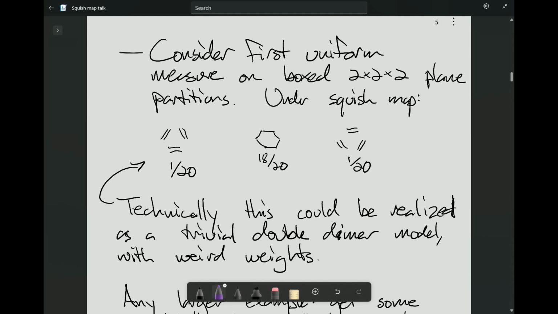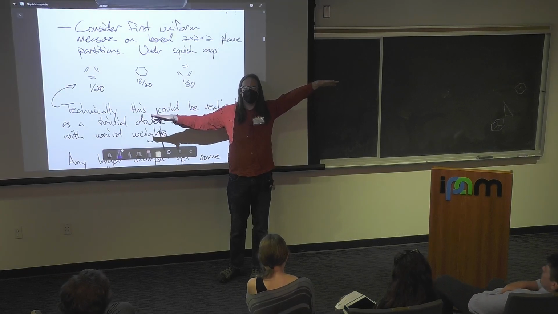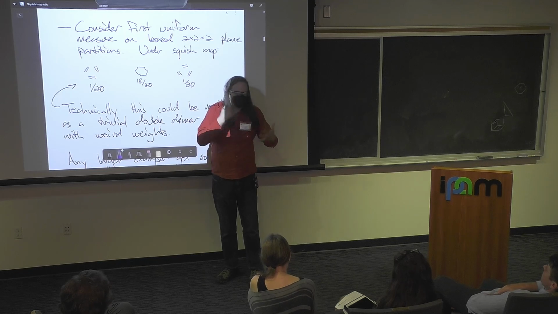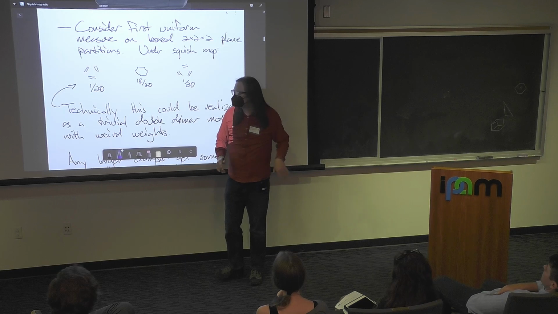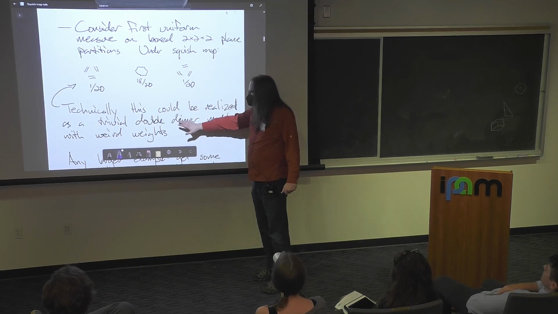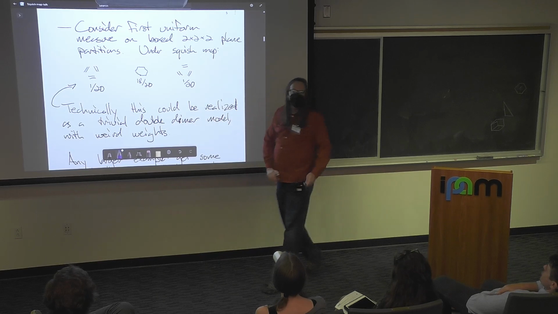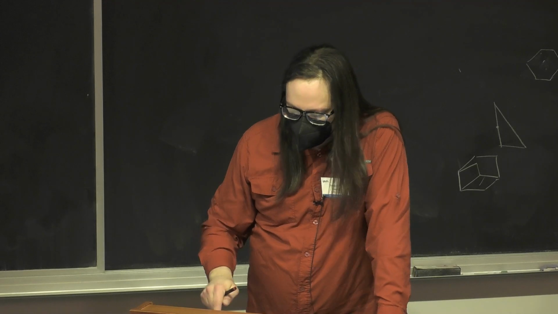You just have to have 2 different probability measures on the 2 copies of the single dimer model that you put together. Maybe you have one of them prefer to have a box and one of them prefer not to have a box. Then you work out the weight of that thing, and it's just some really annoying number. It's got like square root of 5 in it or something like this. So technically this one could be realized as a trivial double dimer model, but not in the obvious way, not with the probability 1/2 or something.